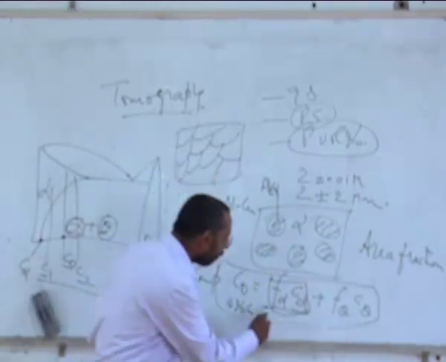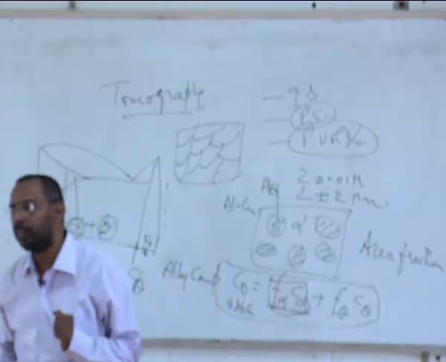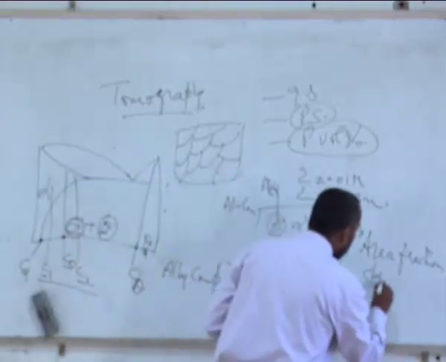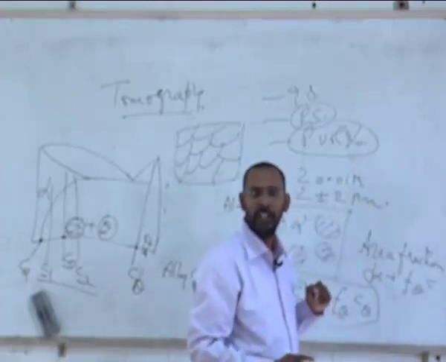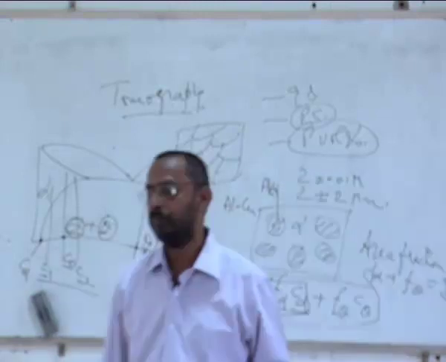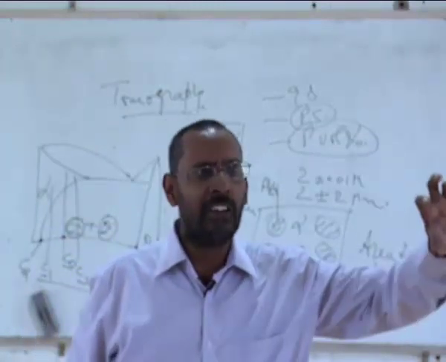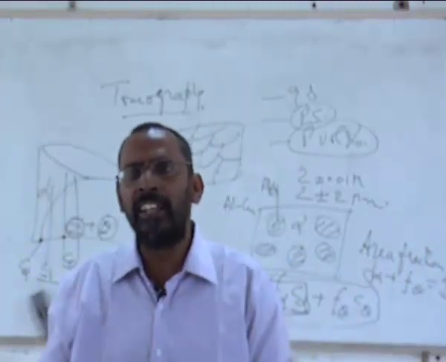And to solve for F alpha and F theta, I need to use one more equation. What is the second equation? The second equation is F alpha plus F theta is equal to 1. Because in the whole volume, the fraction of alpha plus the fraction of theta is equal to 1, right? Because in the alloy there is nothing else.